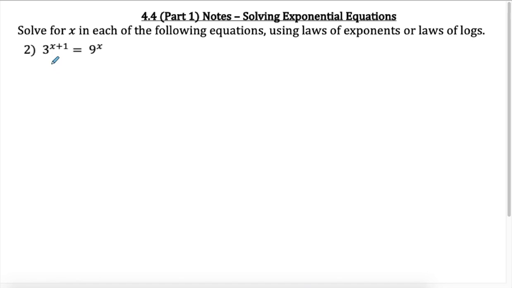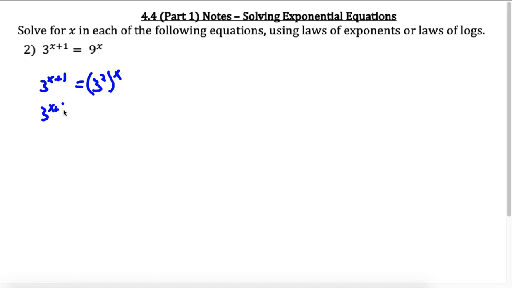All right, here I've got 3 to the x plus 1 equals 9 to the x. Well, here I can rewrite both of these with a base of 3, so this one would stay the same. This one would become 3 squared to the x power, right, which would just be 3 to the 2x.